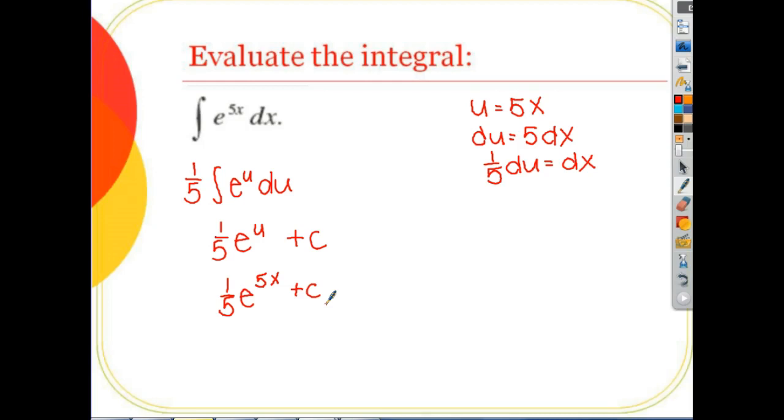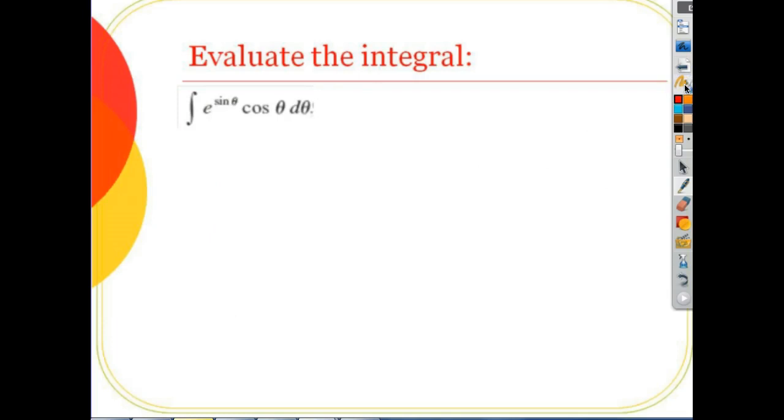Next example. Now I've got e's and trig. What's my u? What's my du?